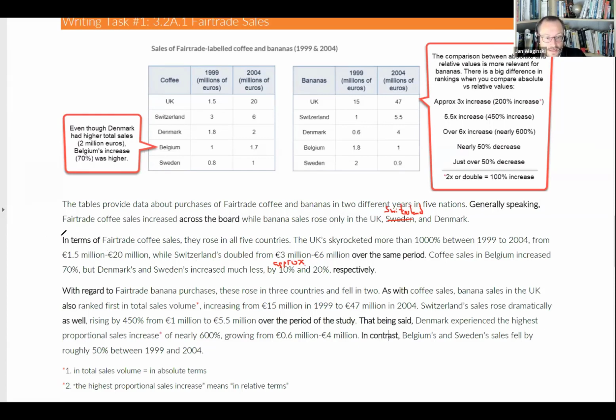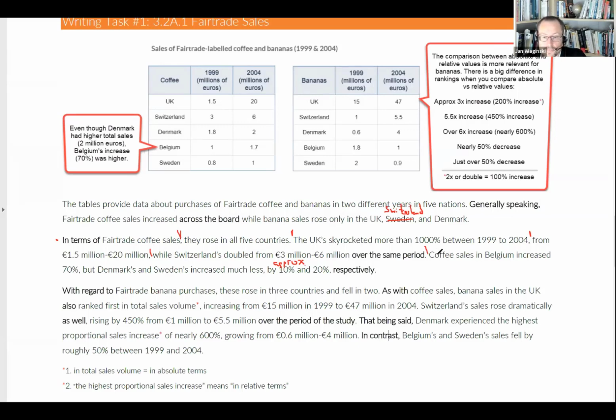Like if I read right here, in terms of Fairtrade coffee sales, they rose in all 5 countries. The UK skyrocketed more than 1,000% between 1999 to 2004, from 1.5 million to 20 million euros, while Switzerland's doubled from 3 million to 6 million over the same period. Notice that the punctuation, that's the only place where I paused.